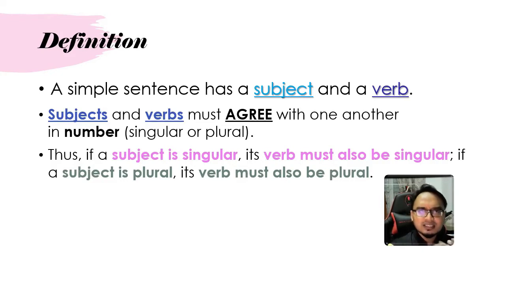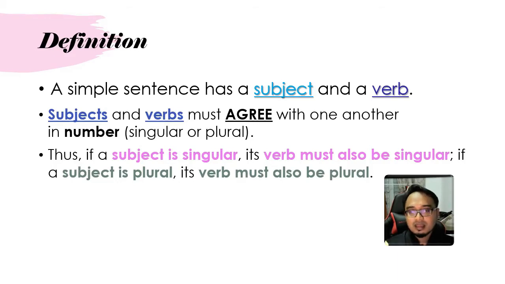If the subject is singular and the verb is plural, there will not be an agreement, so the sentence is wrong. That's why a singular subject must agree with a singular verb, while a plural subject must agree with a plural verb to form a correct sentence.